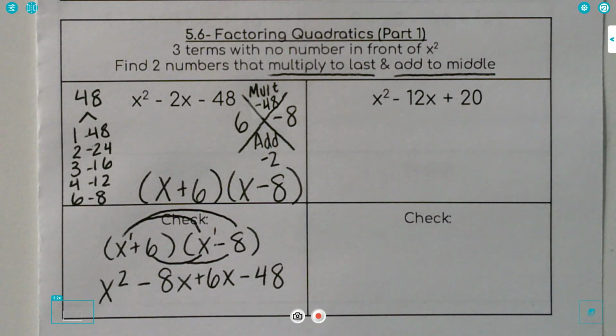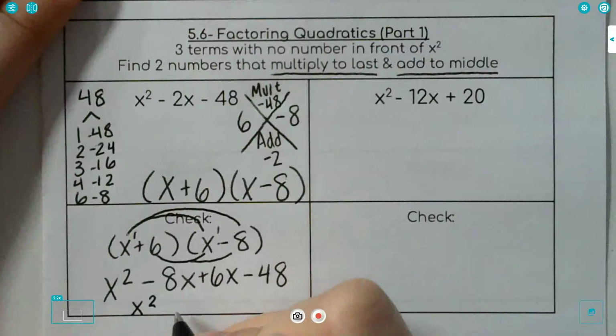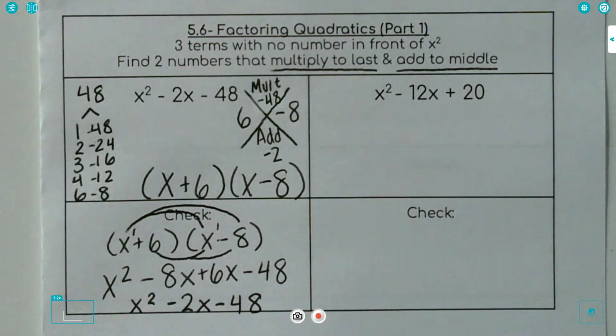Okay, so then what do I need to do? Combine like terms. So my x squared will stay the same. Negative 8x plus 6x is negative 2x. And then I still have my minus 48. Oh my gosh, guys, that's the problem we started with. We're undoing the work we just did.